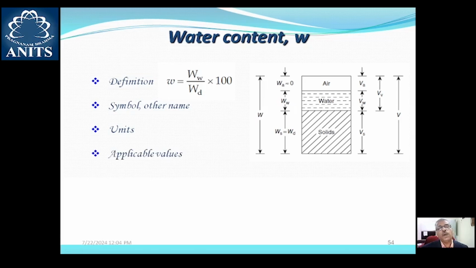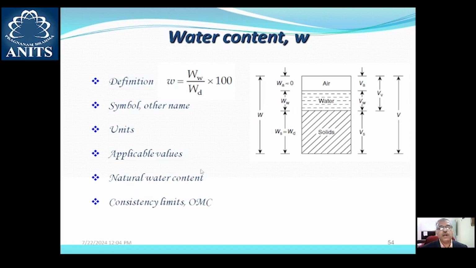And the applicable values, yes, water content can be 0 when the soil is dry, and it can even have a value greater than 1, or greater than 100%. There are soils, typical clay soils, where the weight of water can be greater than the weight of dry soil. You can have such water contents only occasionally in the case of some of the clayey soils.